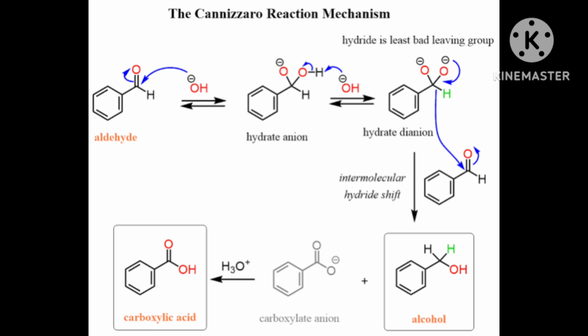And that carbon now has two oxygens, both single bonds. Now, because H has gone as H minus, that carbon will have positive charge. Then one oxygen which is negatively charged, because when the bond broke, oxygen is electronegative, it has taken the electron. Then that bond will make a double bond.